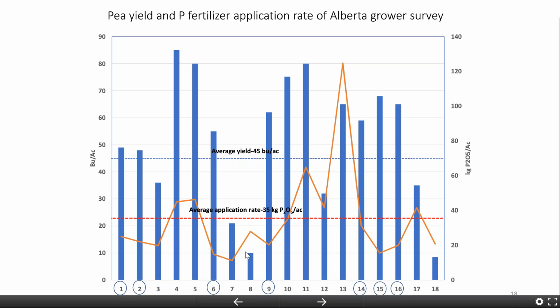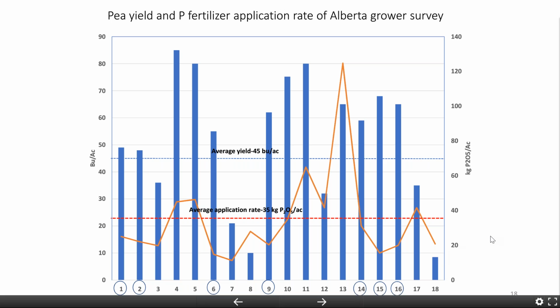And you can see that in this data set, they didn't reach the average application rate of 35 kilograms, and they weren't anywhere close to average yield. So it would be this producer that likely suffered either drought, or it could have been excess flooding, moisture, who knows what the reason for the yield shortfall was. This producer as well, but definitely not a great year for that producer.